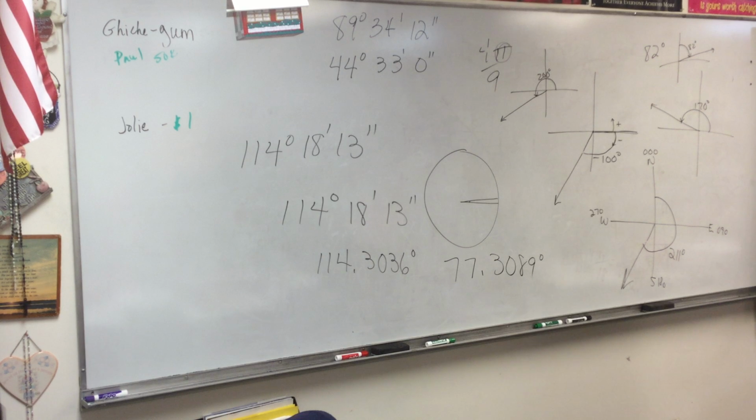You have SOHCAHTOA already memorized, so you already know the definitions for sine, cosine, and tangent. The reciprocals then come automatically. We cannot progress if you do not have those memorized. I am going to talk about stuff today that requires you to know that.